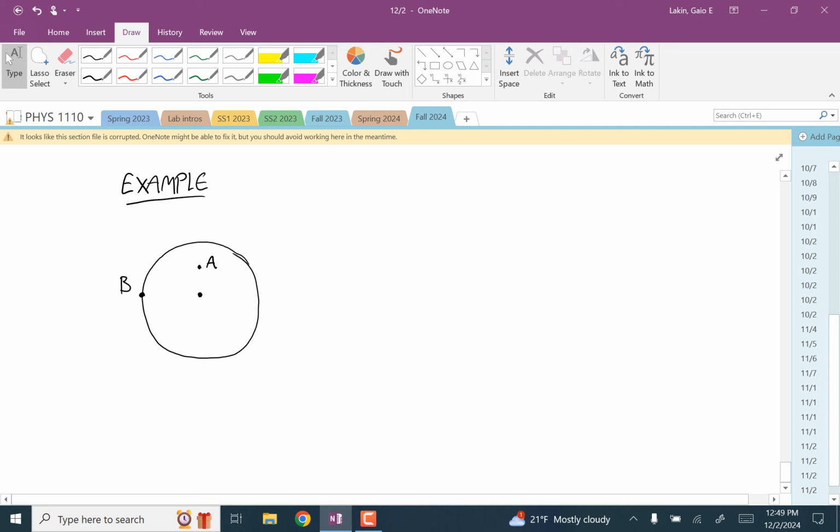And for distances, we'll say that from the hinge to A is 0.1 meter, and from the hinge to B is 0.2 meters.